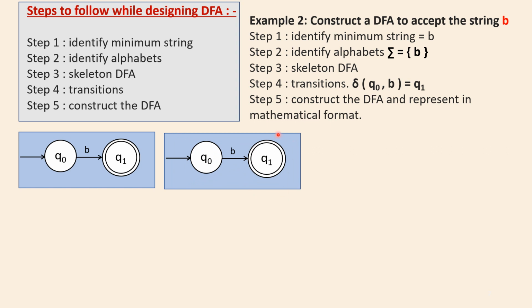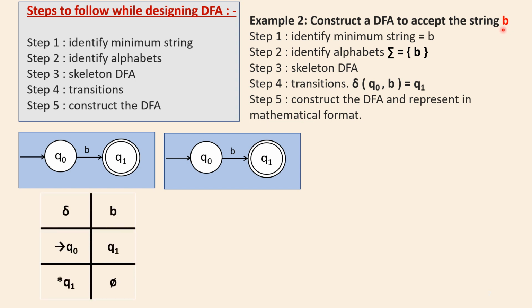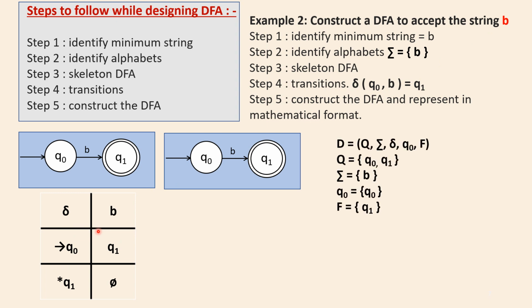So this itself is our final DFA. The skeleton itself is the final DFA, because here it does not say construct a DFA to accept strings ending with anything like that. So only B is the input symbol, and the mathematical representation is Q, sigma, delta, Q0 and F, where Q is all the states, that is Q0 and Q1.